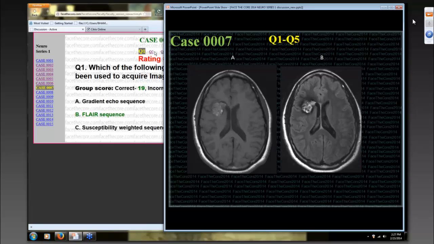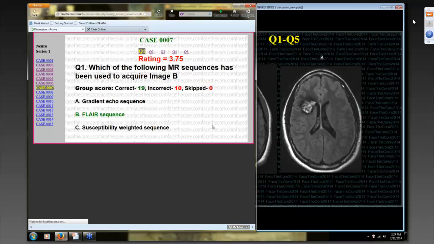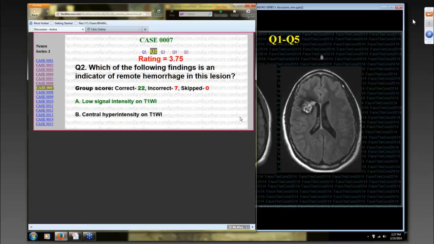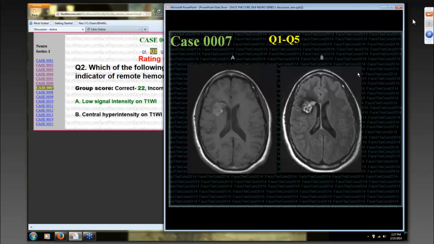And the second question in this is, which of the following findings is an indicator of remote hemorrhage? That is a low signal intensity on T1 and T2 weighted images that you can see along the periphery of that lesion, which is the hemosiderin deposition along the periphery, best shown on the GRE sequences.